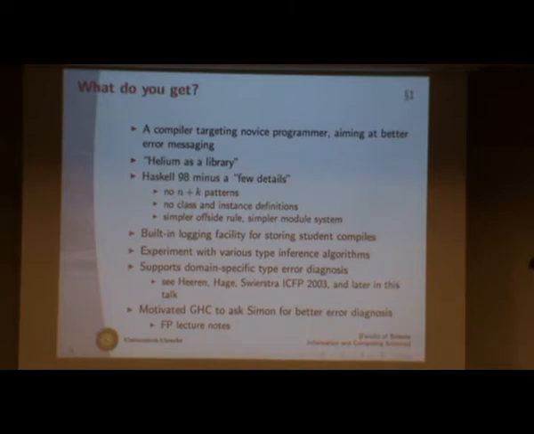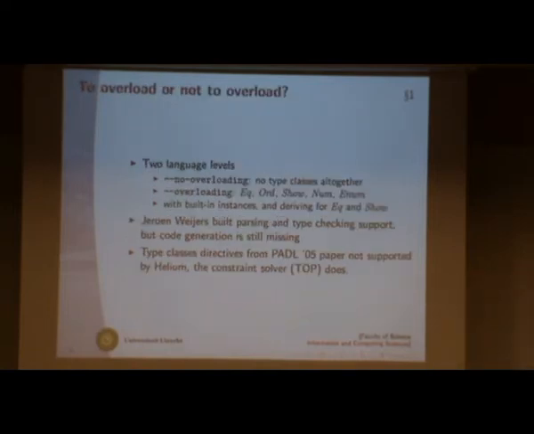And I found when I was rewriting and updating the lecture notes, that in the lecture notes there was an error message that Helium gave and an error message that GHC gave. But this was a pretty old GHC that was generating these error messages. And I was rerunning all of that to see what happened. It turns out that GHC basically gives the error message that Helium used to give 10 years ago. So a lot of improvements have been made, I guess, also in GHC. And I like to think that this is the reason it exists. It might even be true.